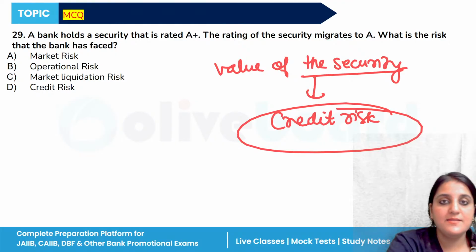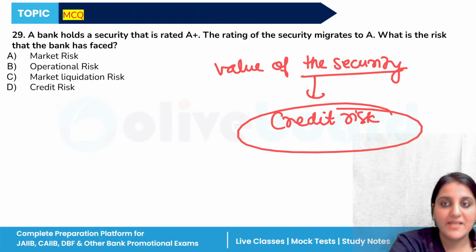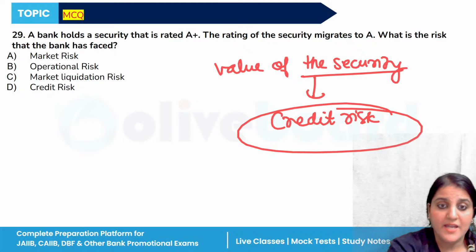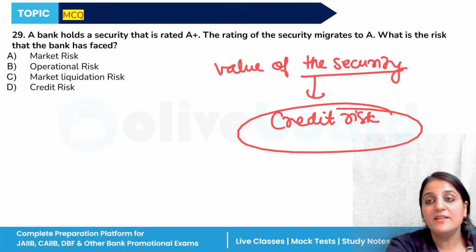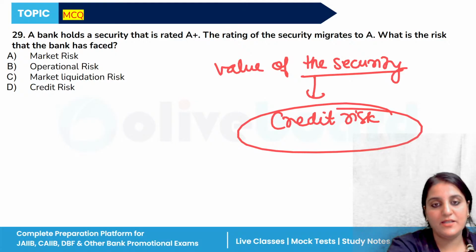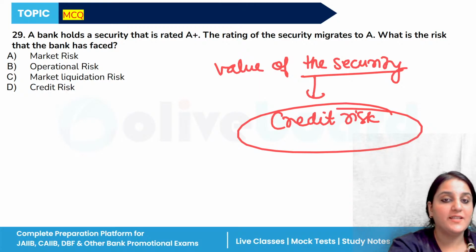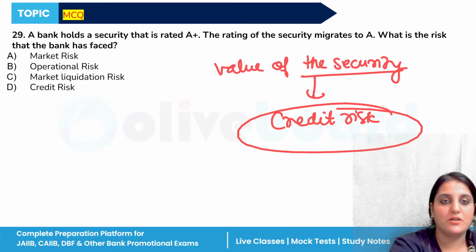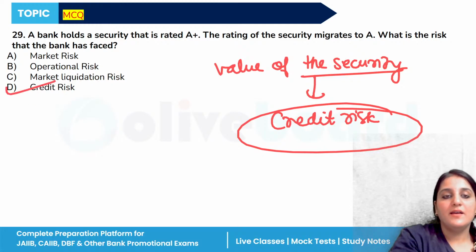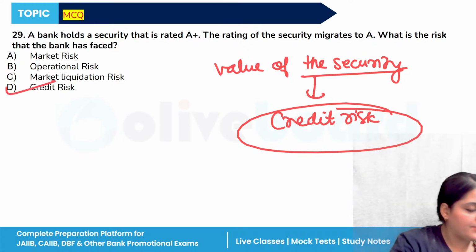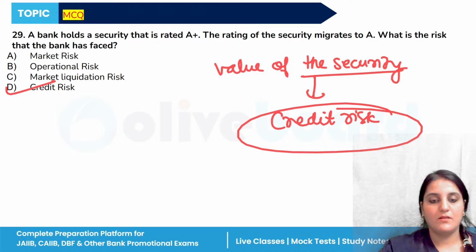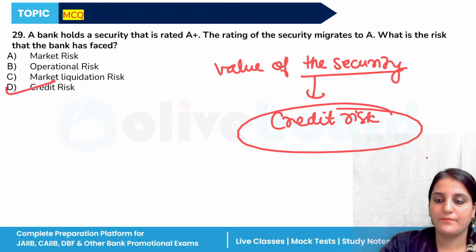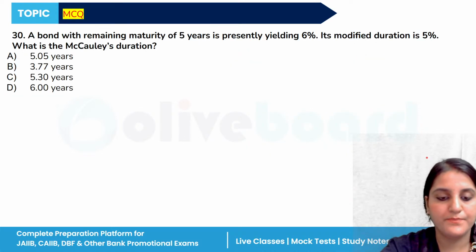In this case, the security rating has migrated from A plus to A, indicating a decline in the credit quality of the issuer, which increases the likelihood of default and downgrade in the future. So that means this is the example of credit risk. Understood? Next question.